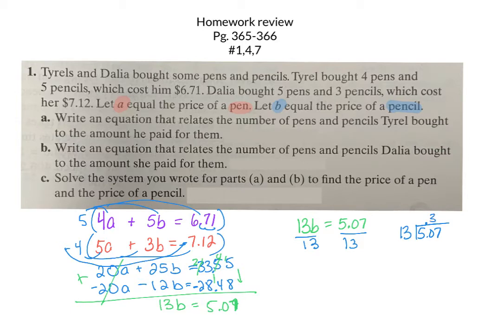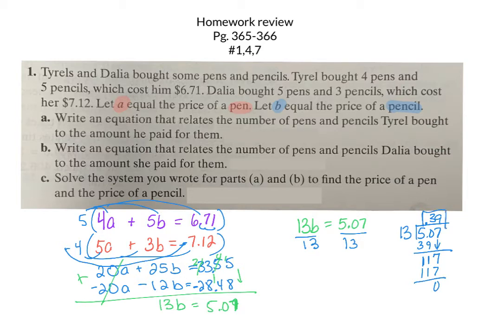So it's going to go 3 times. We'll get a 39 there, right? And then just subtract. Bring down your 7. All right, 13 goes perfectly into 117 9 times, right? So that's going to be 0.39.